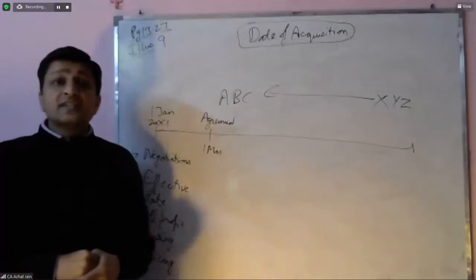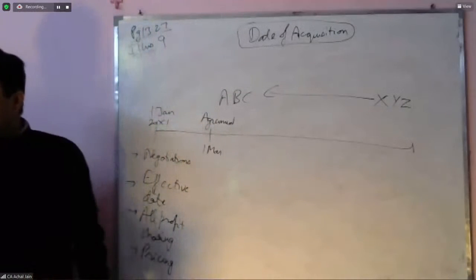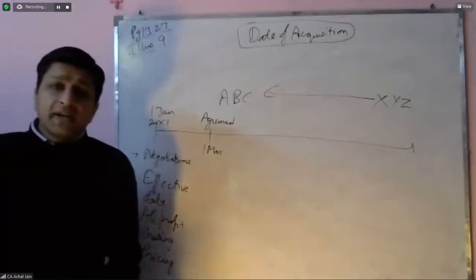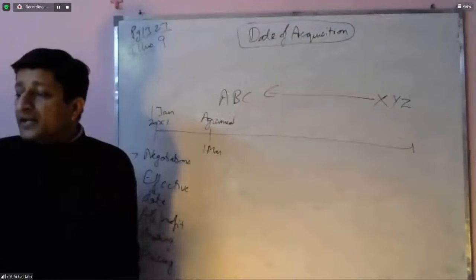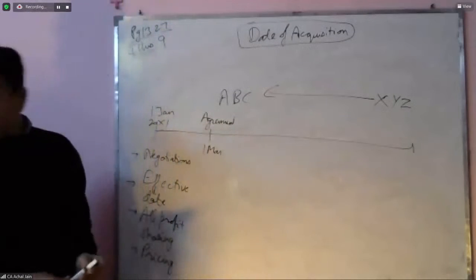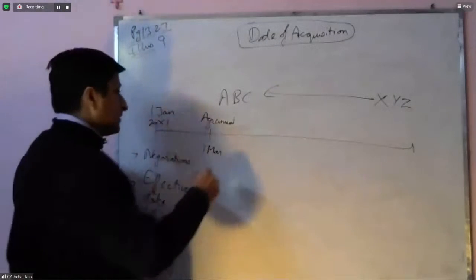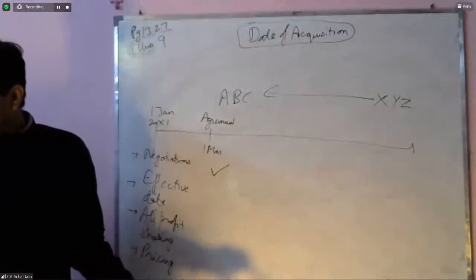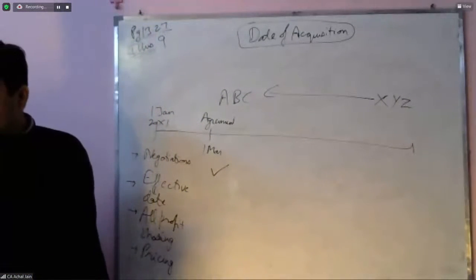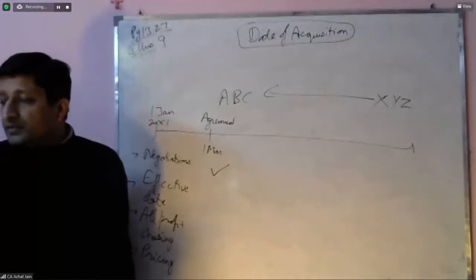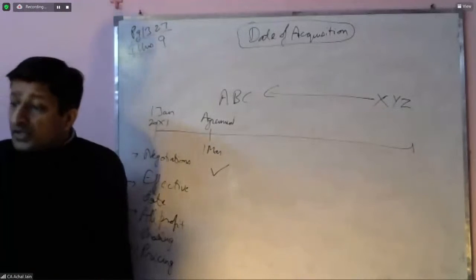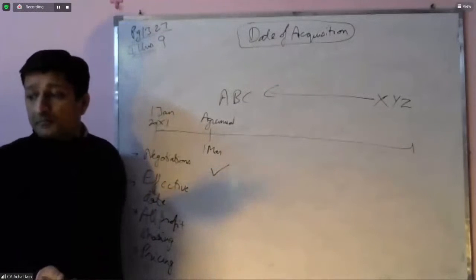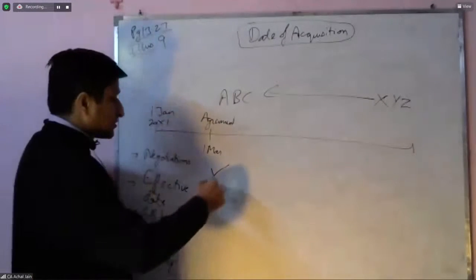Kaustav is asking, since ABC acquires power to control operations on 1st of March, it will be the date of acquisition. Other dates are not relevant. So Kaustav is going with this date. Okay, what about others? Nanda Usha is also going with 1st of March.